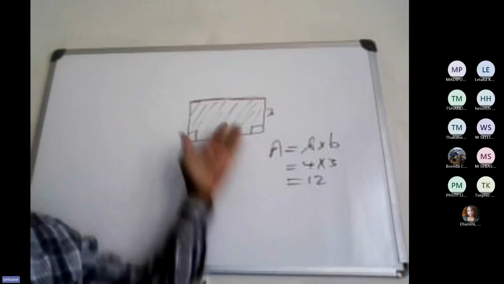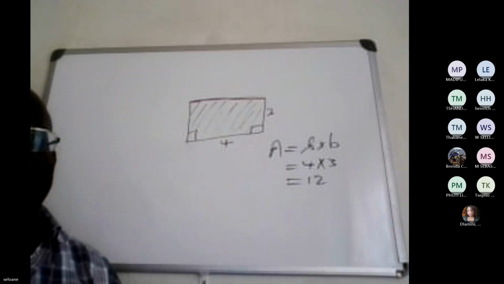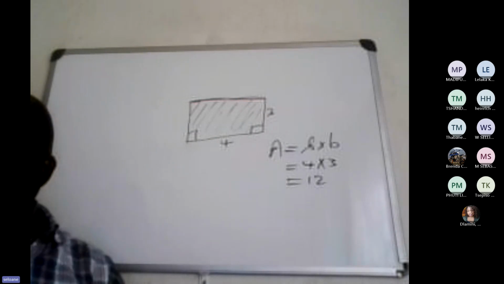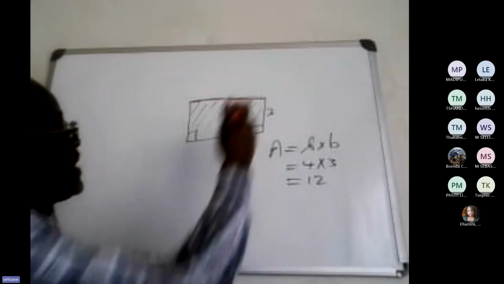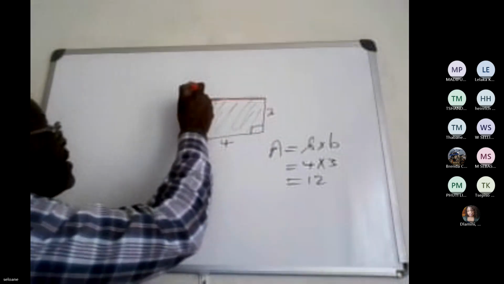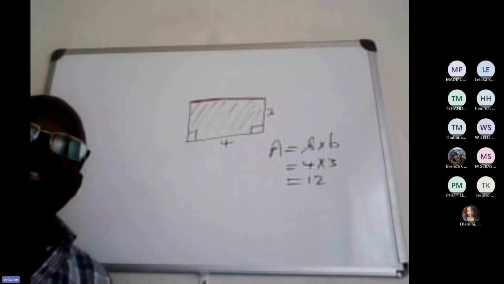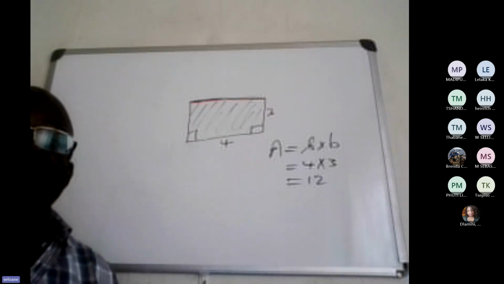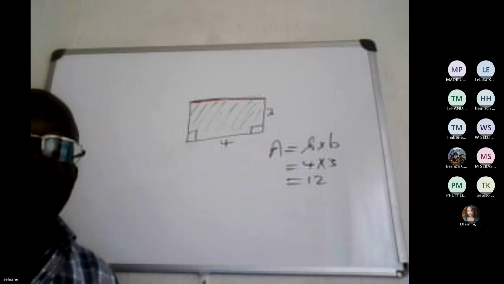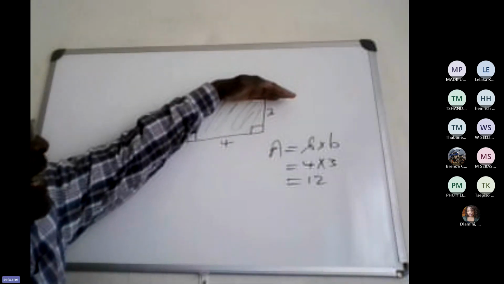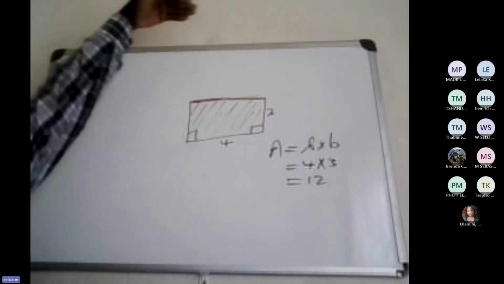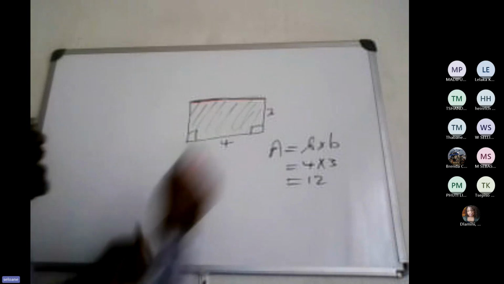And the region here is a rectangle. Now, this is like a fence, or like a top fence, the one that encloses this region on top.